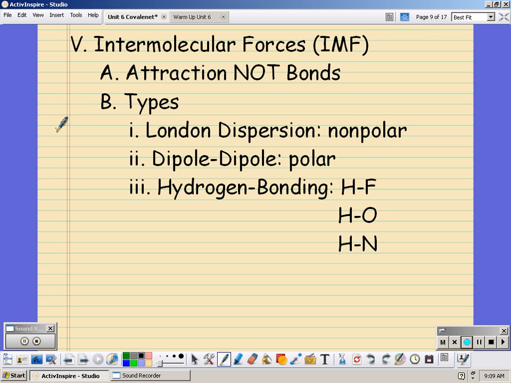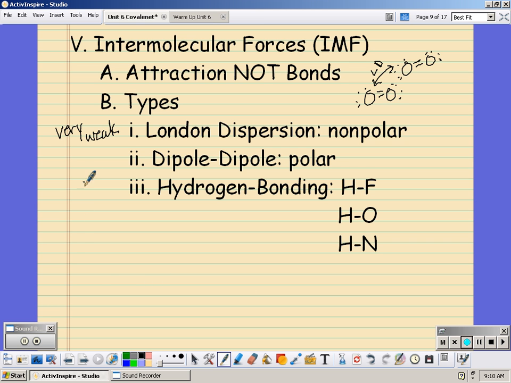This is a very weak force of attraction. So when we think about oxygen, oxygen is a nonpolar molecule, and the force of attraction that holds oxygen molecules close together is London dispersion. So between this oxygen molecule and that oxygen molecule, we have London dispersion forces of attraction.